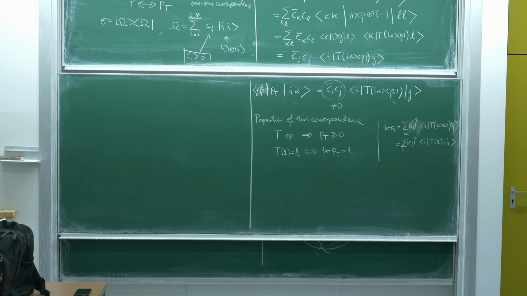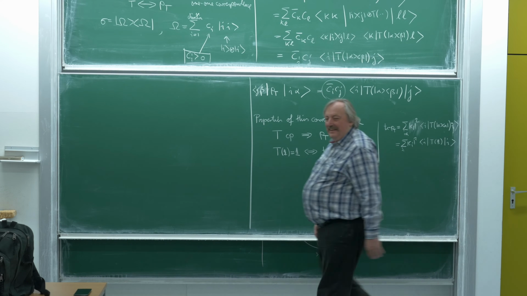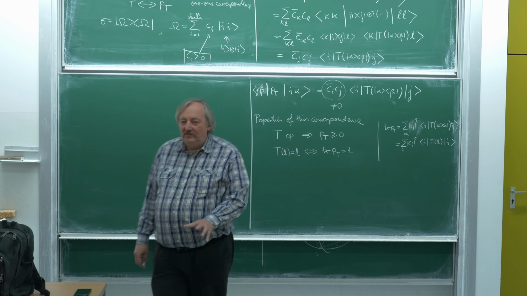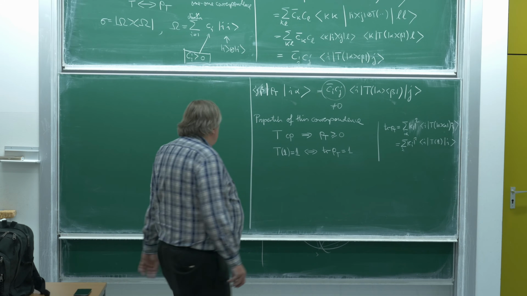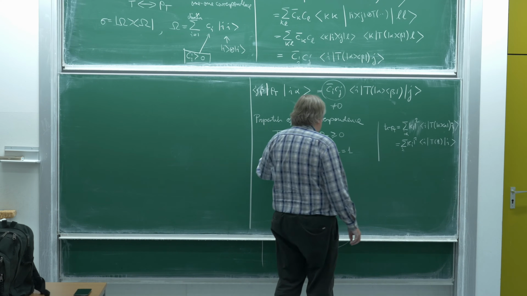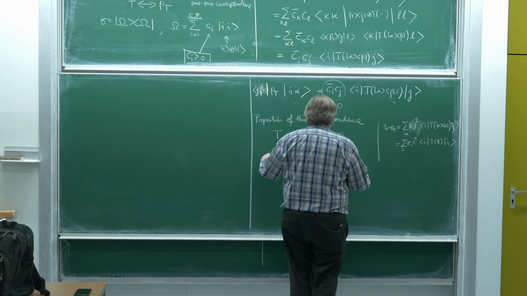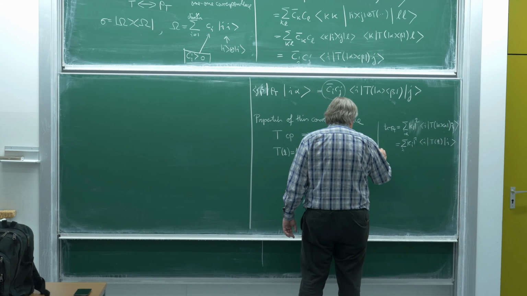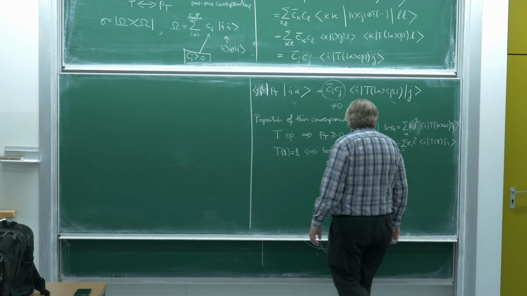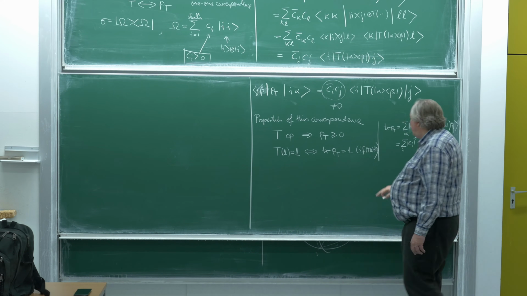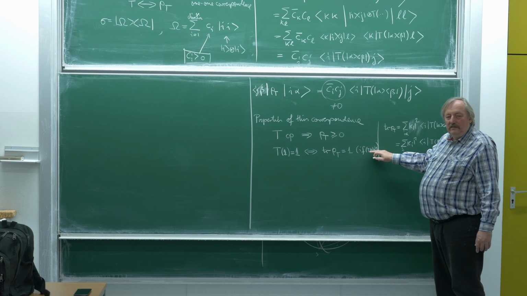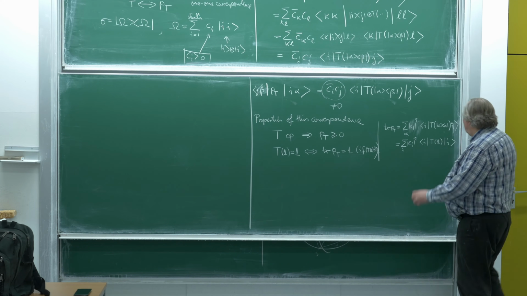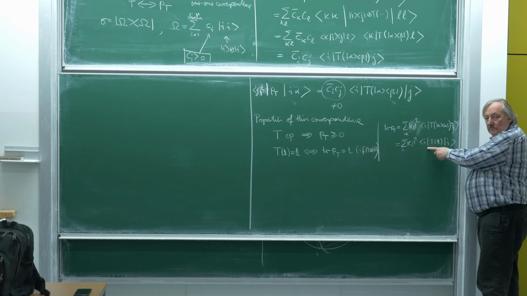So actually it's wrong, right? The statement that I made is wrong. It needs an additional condition here. If this is a subnormalized version of a channel, that is, these coefficients can be 1 at most.